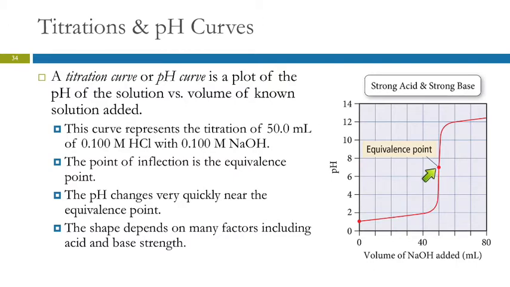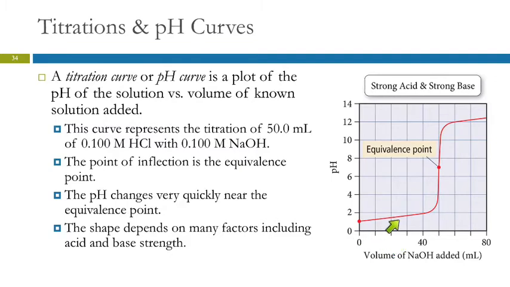The equivalence point is the inflection point in this graph. That's where the slope changes. So here the slope is becoming more and more positive, and now it's becoming less positive. So there's that point of inflection. Very close to the equivalence point, we see that the pH changes rapidly.